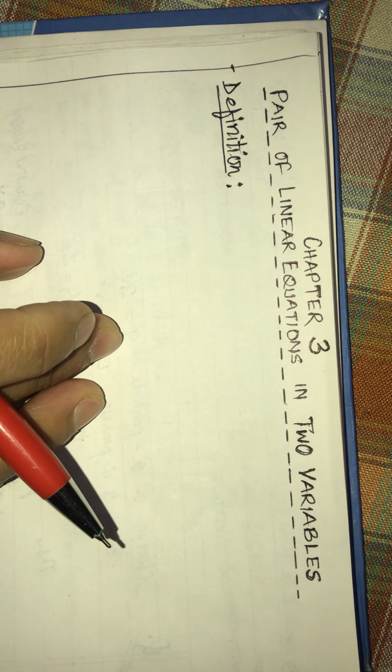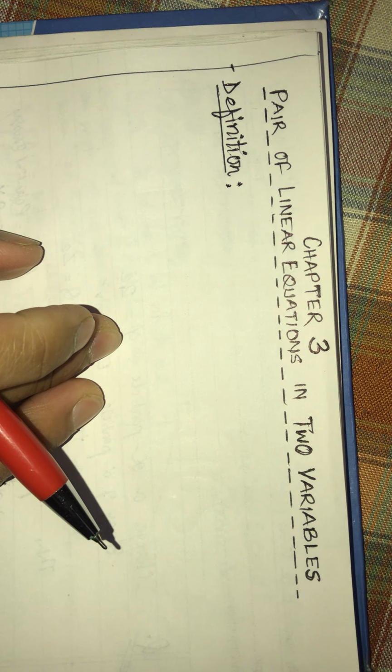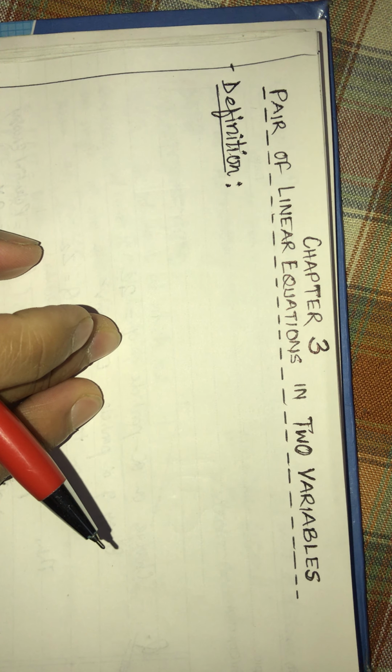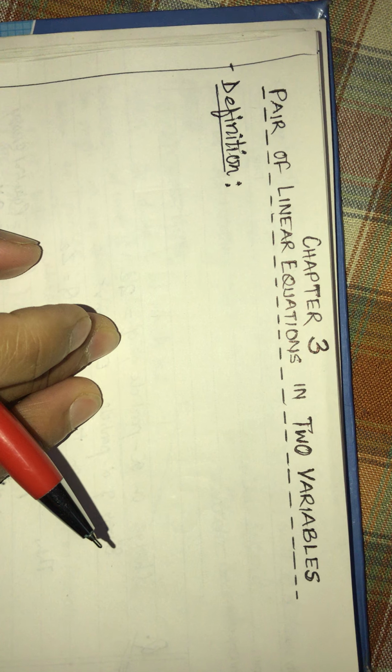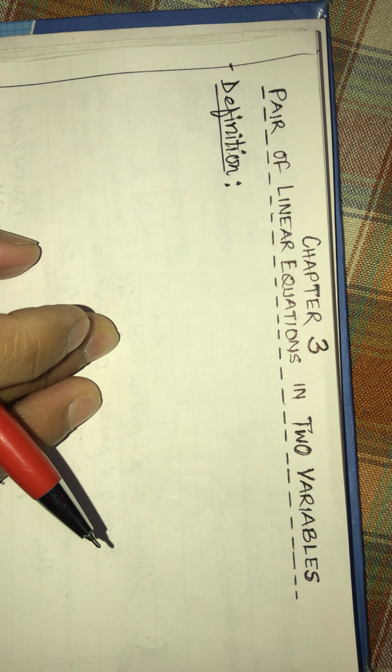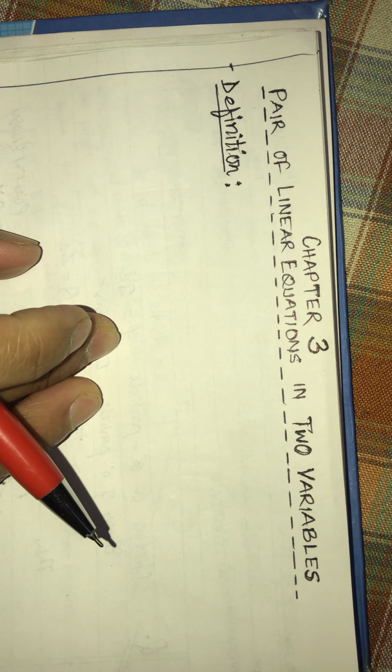When we define linear equation in two variable, we know linear means line, straight line. As per your previous chapter on polynomials, there you saw types of polynomial, where we discussed linear polynomial, quadratic polynomial, then cubic polynomial, biquadratic.